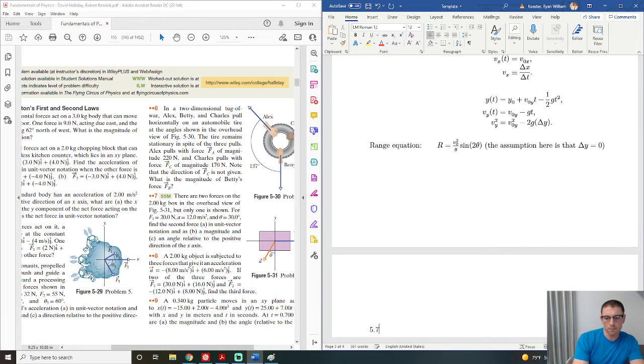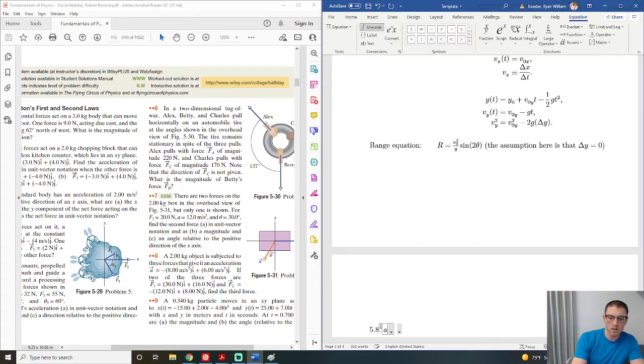Okay, so 5.8. How do I want to write this? I don't want to write unit vectors because there's no reason for that. So I'll do my ordered pairs thing here. We're going to have that this vector has components like so. 6 meters per second squared.